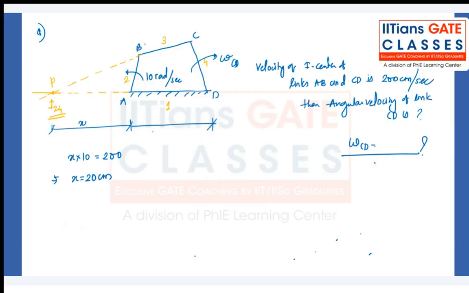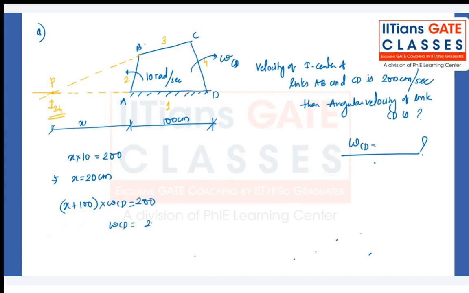Now I already know, let's say this is also given data, I have not given to you. This is 100 centimeter. The distance A to D is given to you. That is 100 centimeter. So now I can say that X plus 100 multiplied by omega CD has to be equal to 200, because that I center is common for both the links, right?